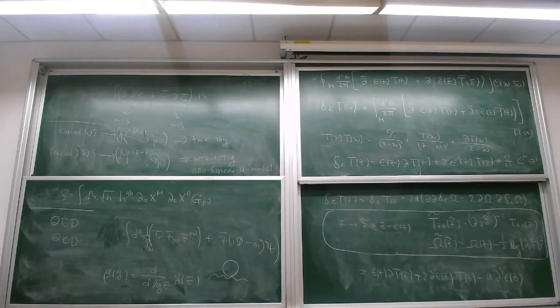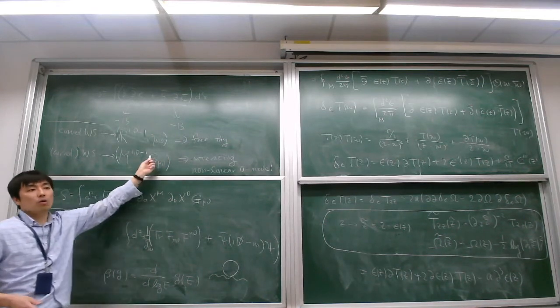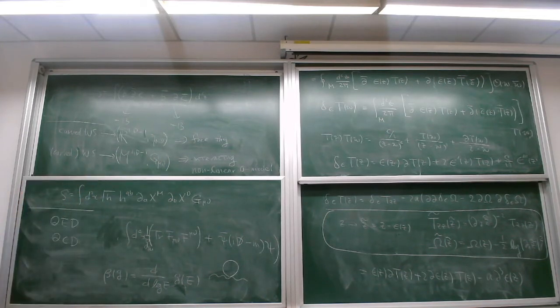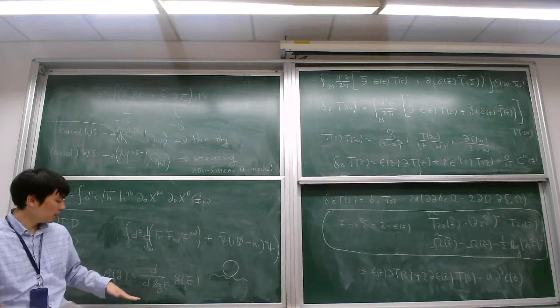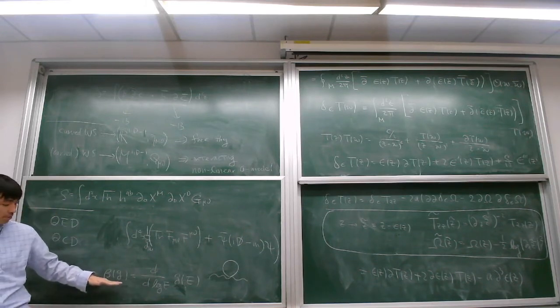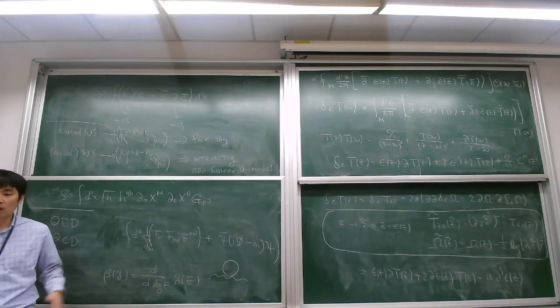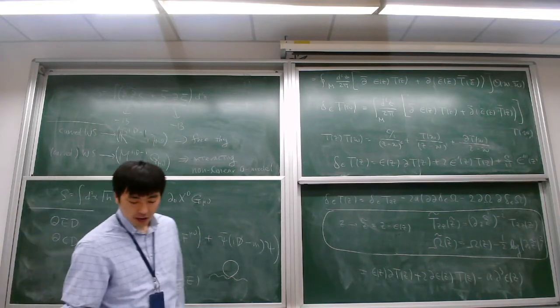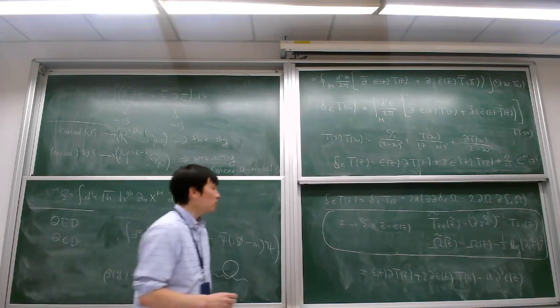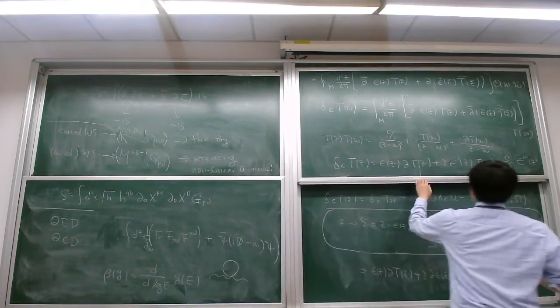So for an interacting theory, you need to be careful about the quantum effect. And the dependence of the coupling constant on the energy scale really means that the interaction depends on the scaling of space-time. Therefore, this beta function encodes the information about the Weyl anomaly.